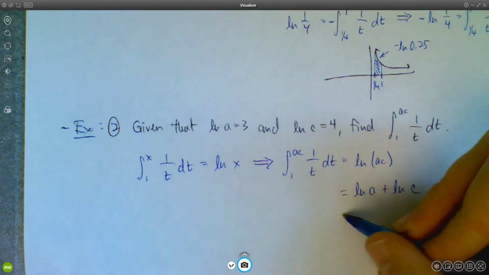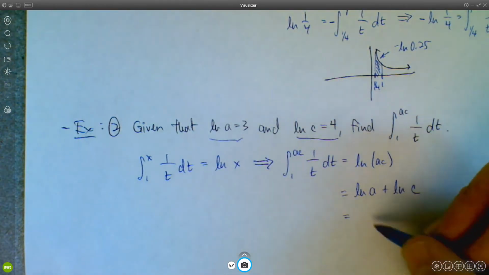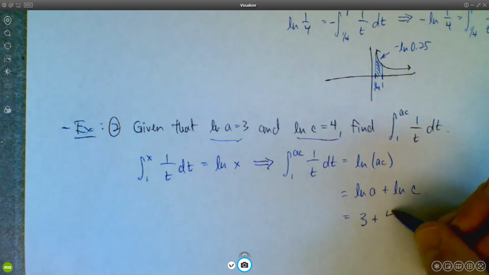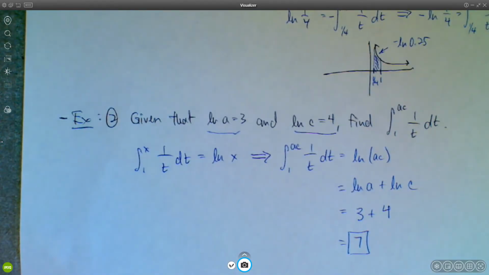And we also know, because we were given it, that ln of a is 3 and that ln of c is 4. So we just get 7. Okay, so that's how this definition for the natural log function works.